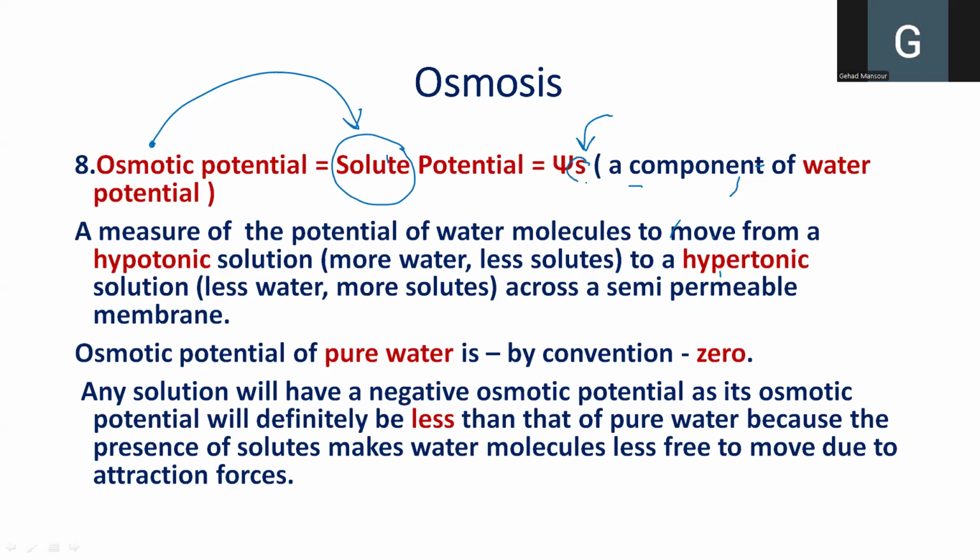And actually, osmotic potential or solute potential is a component of a bigger quantity called water potential, meaning that water potential includes solute potential plus something else. And this is what we mean by the fact that psi s, or solute potential or osmotic potential, is part of a bigger quantity called water potential. So water potential is more inclusive than solute potential.